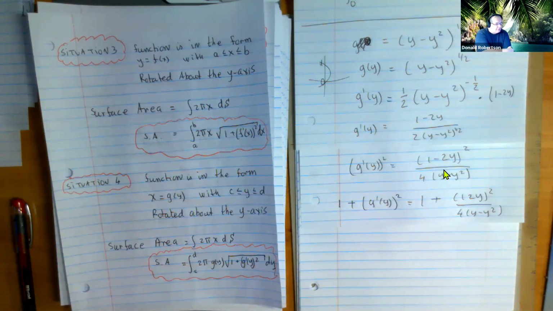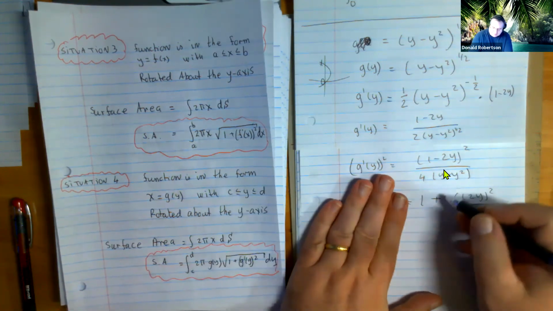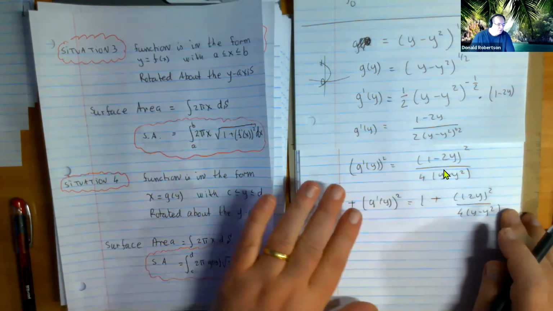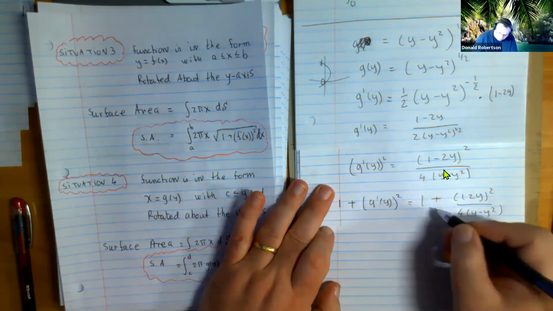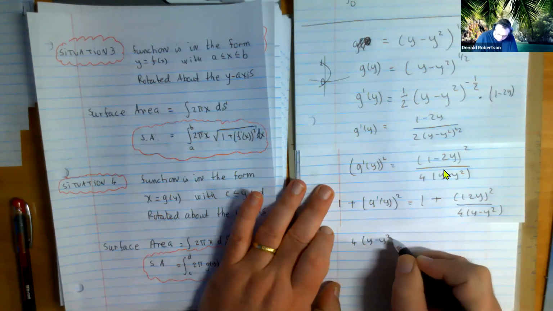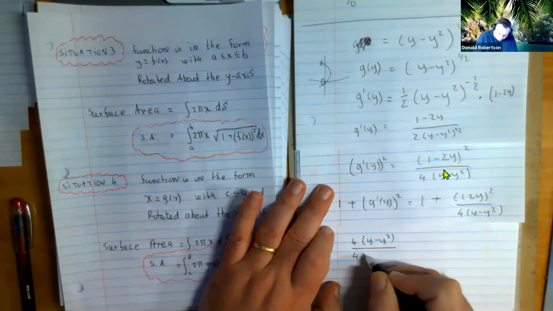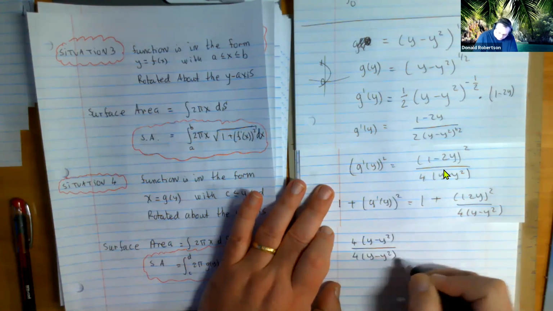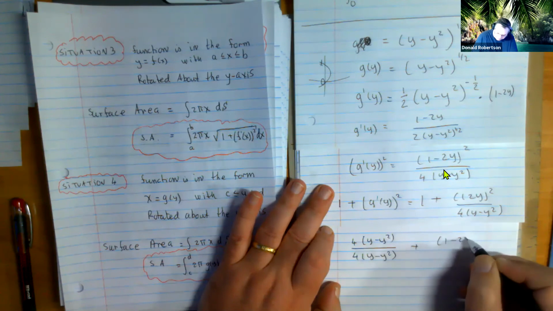Agreed? Now, I wish I could say that's the thing that you'll find in your choices, but they didn't. They made this a single fraction. So the 1 is going to be called 4 lots of y minus y squared over 4 lots of y minus y squared, plus this guy.